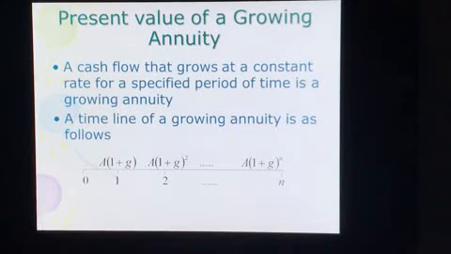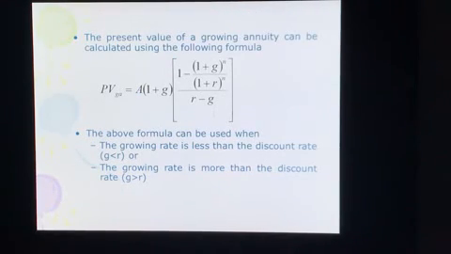This is example 2: the present value of a growing annuity, or we can say the present value of a perpetuity. This is the formula to calculate the present value of a growing annuity, in which the cash flow is growing every year. It is a very simple formula. We are assuming two things: the growth rate is less than the discount rate.